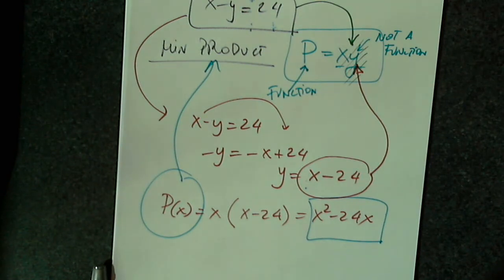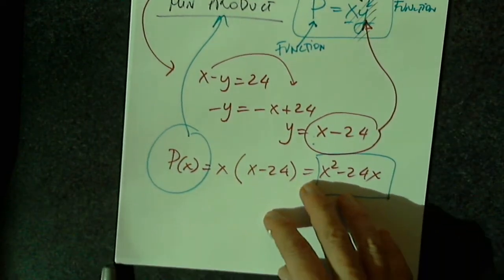But does it have a minimum? And first of all, what type of function is it? It's quadratic. Second question, does it have a minimum? Because the leading coefficient is positive, it has a minimum. Now the next question, question number 3. How do I determine the minimum?